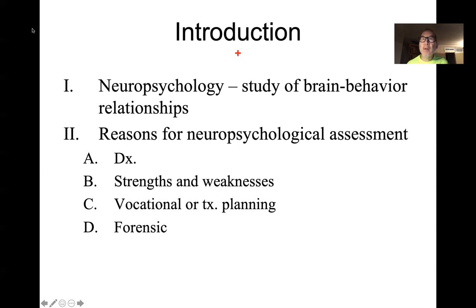Now, what are some of the reasons why you may encounter a neuropsychological assessment? You may get a referral to do this kind of testing, or this kind of information may come across your desk. Neuropsych assessments are usually done for one of these major reasons. One is for diagnostic purposes, which is very common.